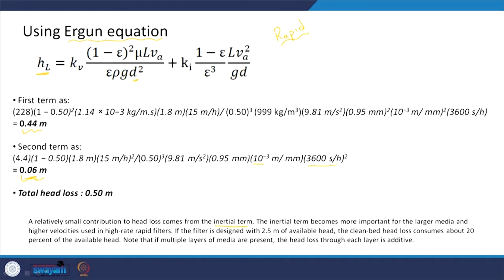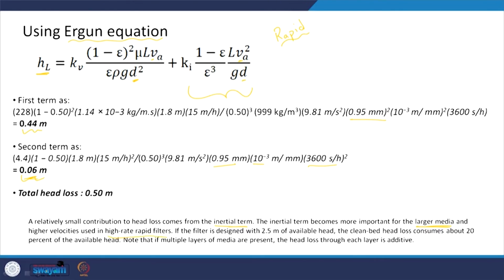The first term has diameter squared, and the second term has diameter, again velocity and such. As we can see, the inertia-relevant term is relatively less, but it becomes important for larger media and higher velocities, as used in high rate rapid sand filters.